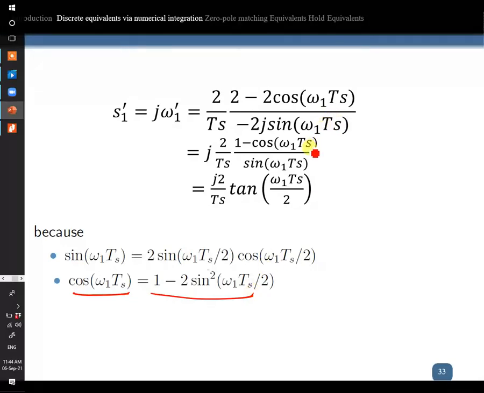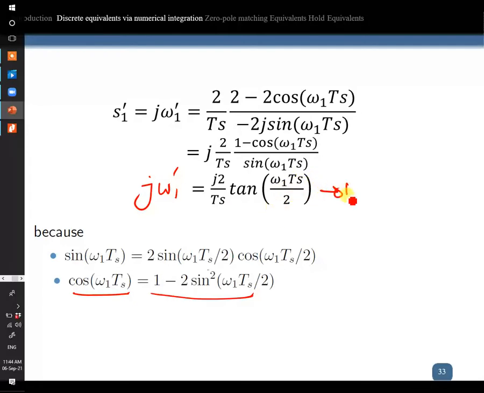I substitute both of them here and I will find 2j tangent of omega 1 Ts divided by 2. Here j omega prime 1 becomes (2j/Ts) tangent omega 1 Ts over 2.